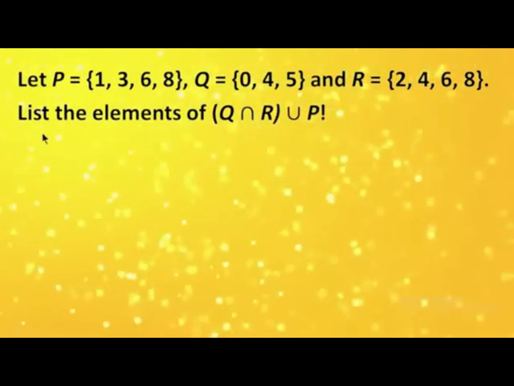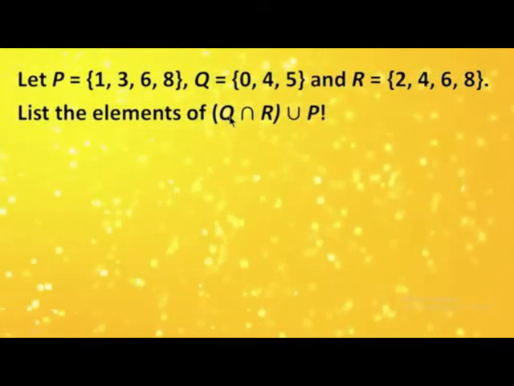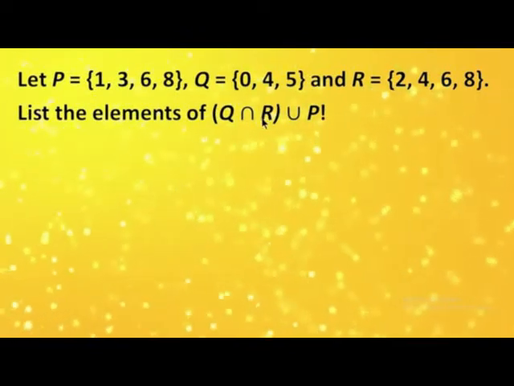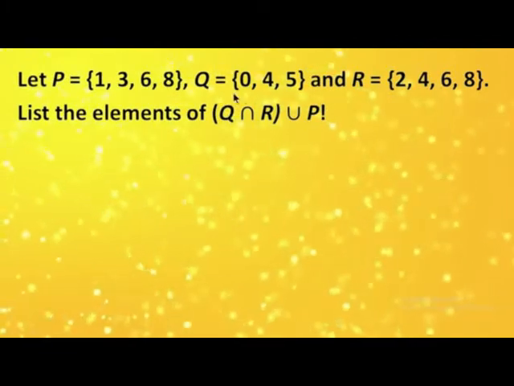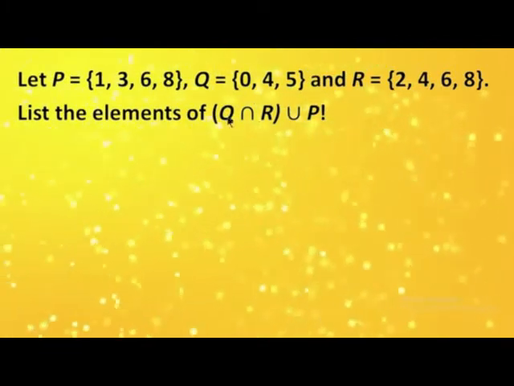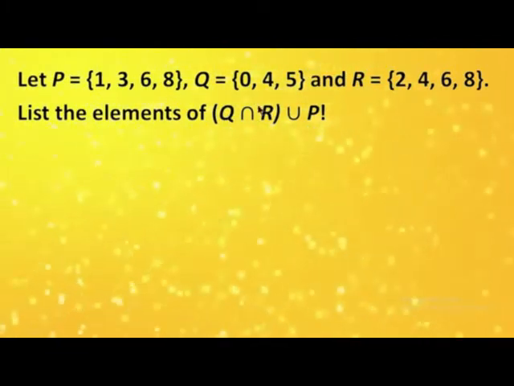Next, list the elements of Q intersection R, union P. Because Q intersection R is inside the bracket, that means you need to find the elements of these two first.